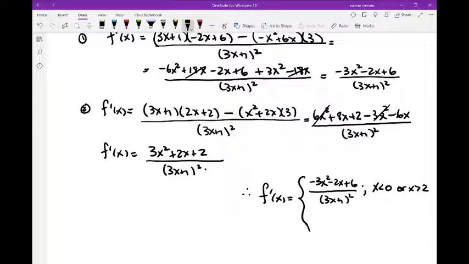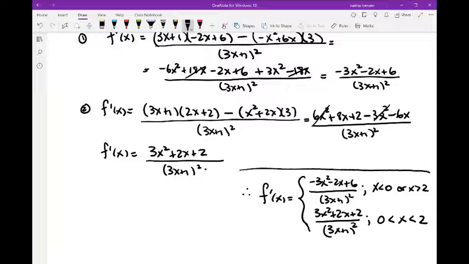For the next one, we're getting 3x squared plus 2x plus 2 divided by 3x plus 1 squared, and that's going to be in between. We're actually going to take off the inequality values now. You will see why in a little while. But for right now, we don't take the derivative right at those pivots. And that's what the first one looks like as we go through these questions.